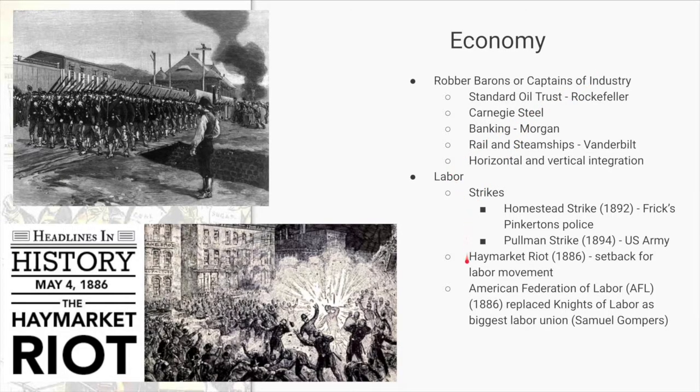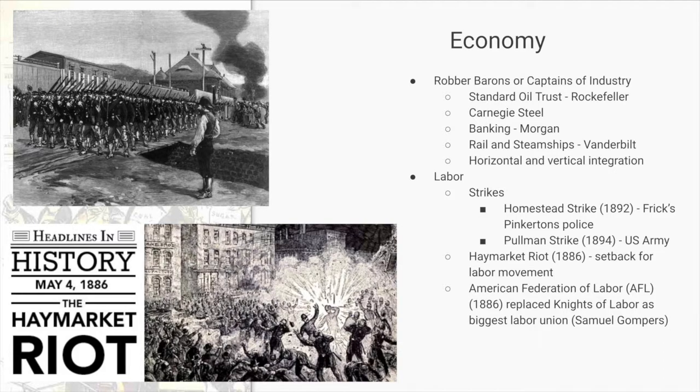Now, there's a few reasons for that. Haymarket Riot is one of them. This is going to be a protest from laborers, and someone is going to throw a bomb, and it's going to start a riot. And Americans are going to see this as a huge setback for the labor movement, because laborers now look like extremists, communists, anarchists, right? So this puts a damper, it's a setback for that labor movement.